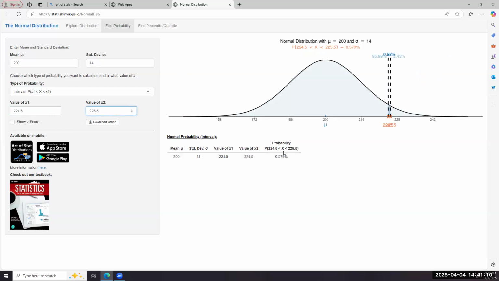And the probability that your x is going to be within these two numbers is very low, 0.579%. So the probability is going to be very, very low for this standard deviation. Okay? So again, very easy application, very good one. To get these numbers done, just make sure to change it into this form and get the lower number and the upper number: 225.5 at the top, 224.5 at the bottom.